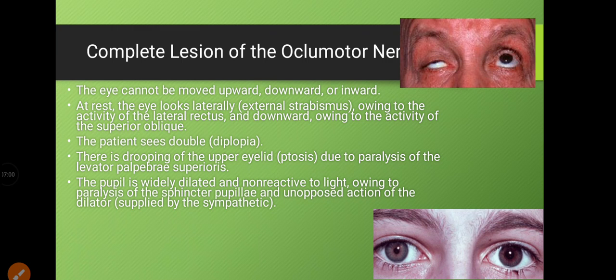Important note, there is incomplete ptosis because we have another part of levator palpebrae superioris, which is supplied by sympathetic innervation.